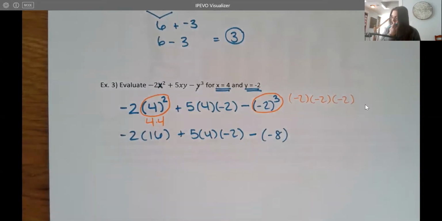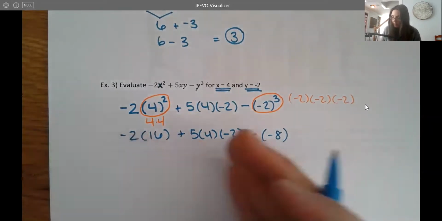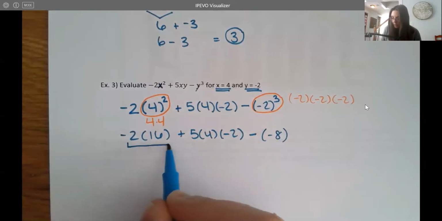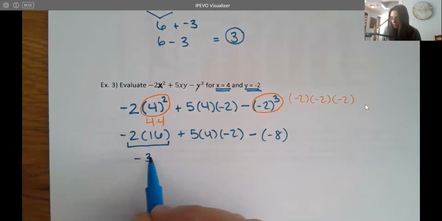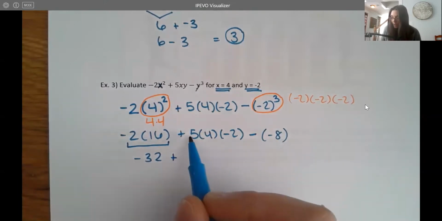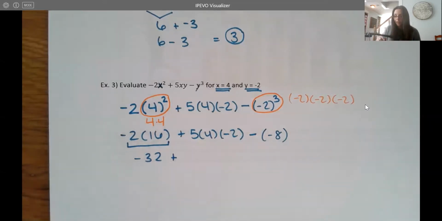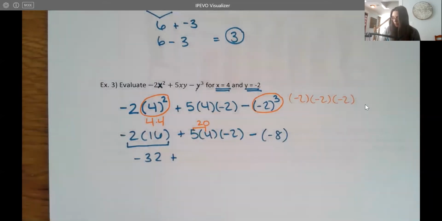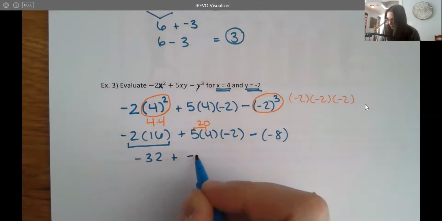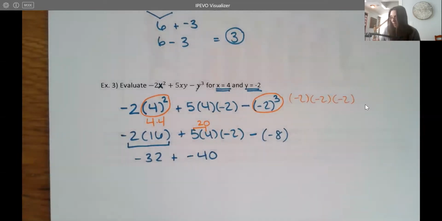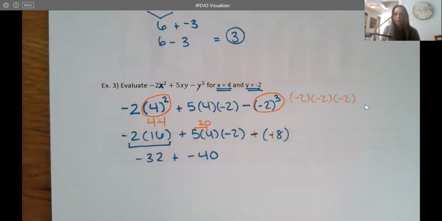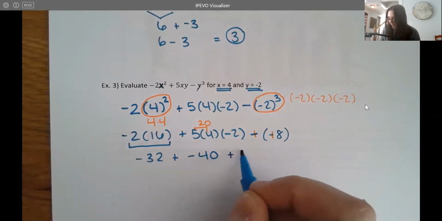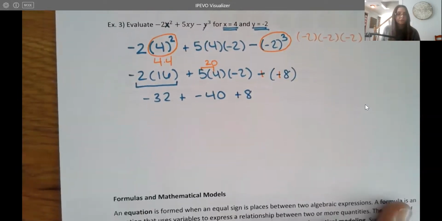So as I go through, next I'm going to do my multiplication and division working left to right. Here I have multiplication first. That's going to be negative 32. Now here again, I have lots of multiplication. I'm just going to do it left to right, one at a time. So here is 20, and then I have 20 times negative 2, which is negative 40. Now, minus and negative becomes a positive, so I am just going to rewrite that as plus 8 to make this a little easier.